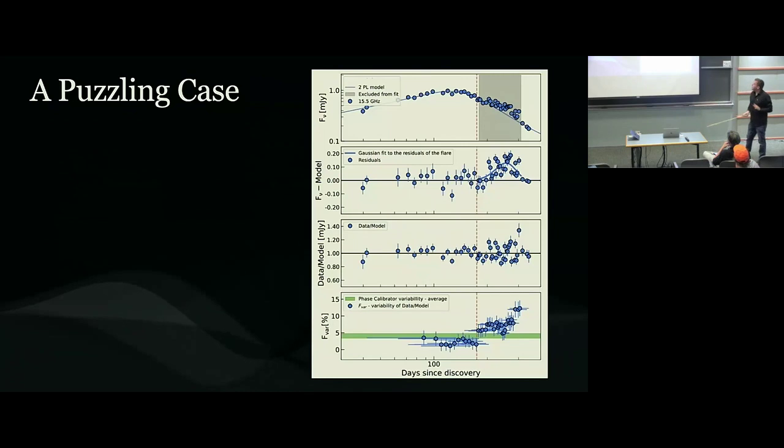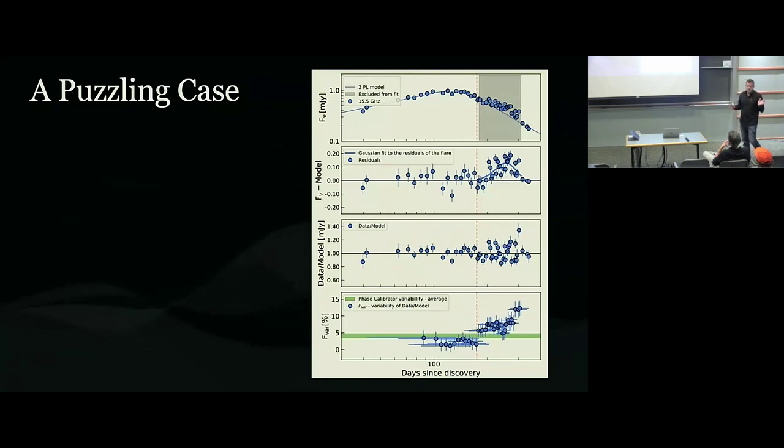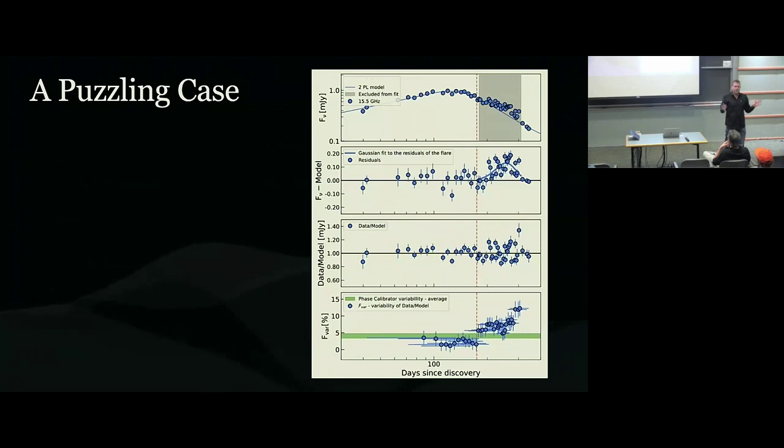So what causes this maybe slight increase of radio emission and also the onset of daily variability for some period of time at late times? I don't know, okay? Maybe a jet picking up or something like that. Again, I'm throwing ideas because, as I said, we have mostly questions about this and no answers just yet.